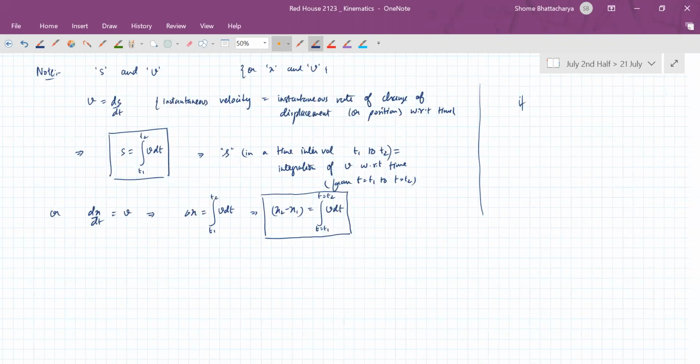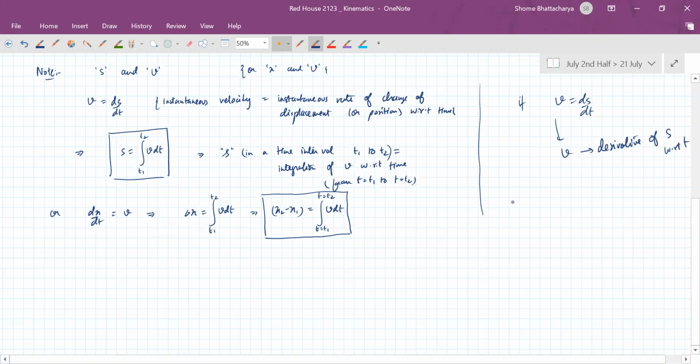Yeah, I am in the process of explaining again. So if we are saying that v is equal to ds by dt, that means v is the derivative of s with respect to time.